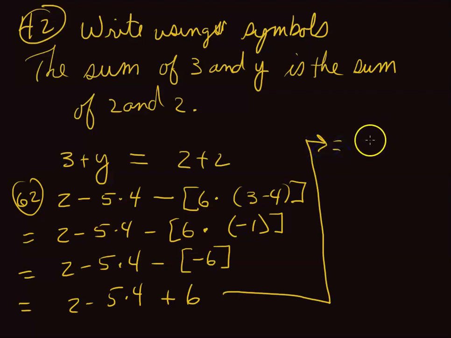So now this is 2 minus, well, I have to do multiplication first. So that's minus 20 plus 6. 2 minus 20 is a negative 18 plus 6. Negative 18, positive 6 is a negative 12.